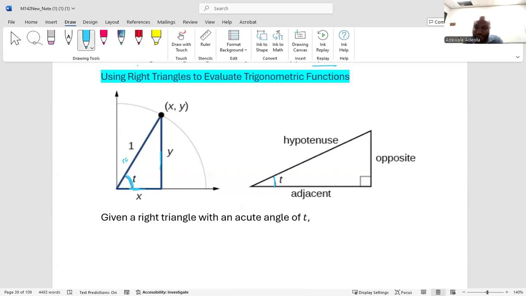The side that faces our angle is called opposite. The side that faces the 90 degree angle is called the hypotenuse. And lastly, the side that is next to our angle is called the adjacent.